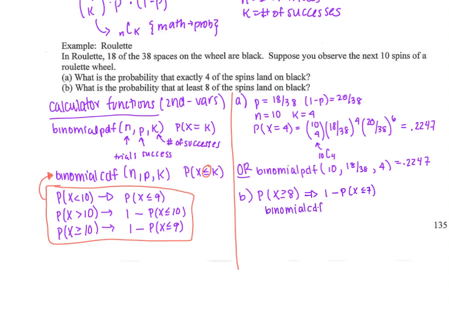The C stands for cumulative density function, and the P stands for probability density function. So this will be 1 minus binomial CDF, 10, 18 out of 38, and 7, which is 1 minus 0.9615, which equals 0.0385.